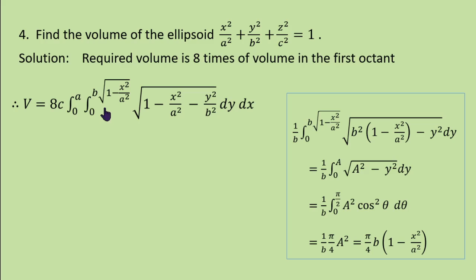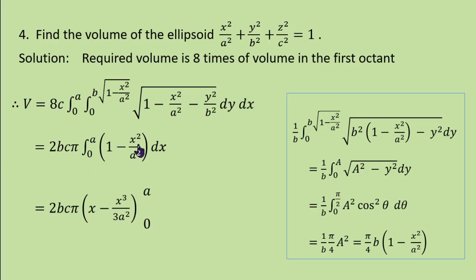Therefore, b into 1 minus x square by a square into pi by 4. So, this is the first integral here, and this is integrated with respect to x from 0 to a, and hence it becomes 8c into pi by 4 b, means 8 by 4 is 2, bc pi into integral 0 to a of 1 minus x square by a square dx.